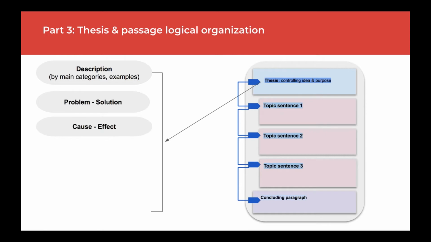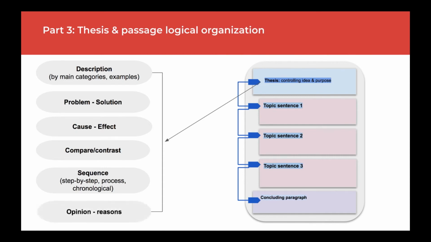So cause-effect again. Compare and contrast when, for example, we discuss advantages and disadvantages, differences and similarities between two topics, which you will obviously see from the thesis statement very easily.